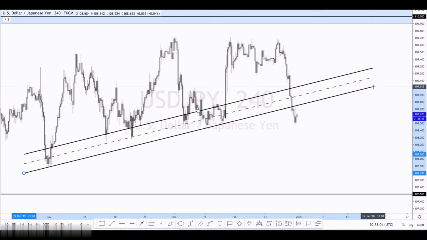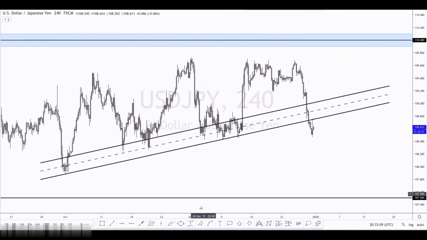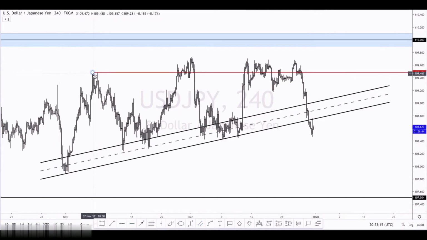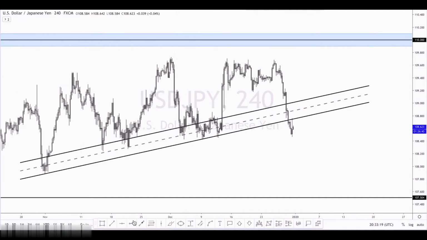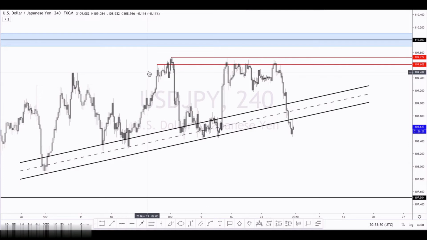When we look at UJ like this, it looks more likely that we're going to see a breakout now. And it can also be used as support or resistance, because essentially we've got this level here. How many levels are we going to have?